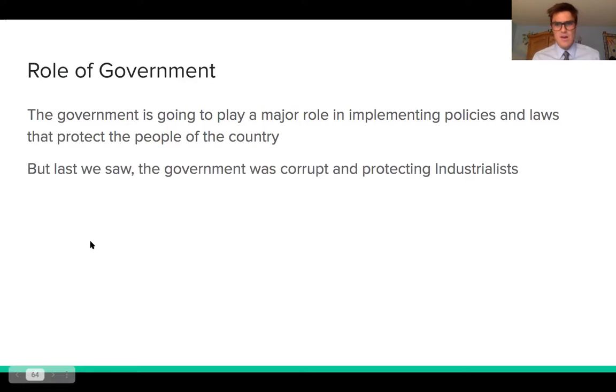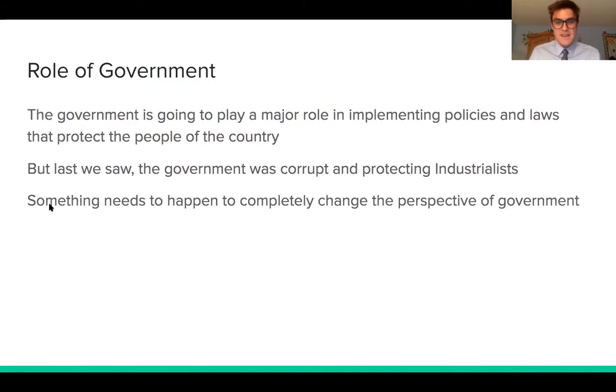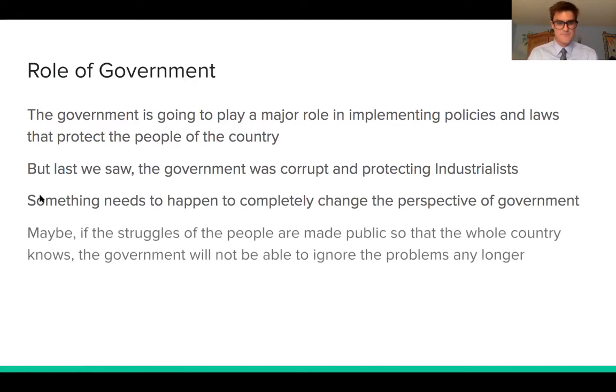But last we saw, the government was corrupt and was protecting industrialists. This was the role of government during the Gilded Age. So something needs to happen to completely change the perspective of the government in the 1890s.